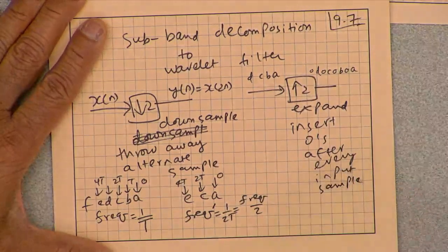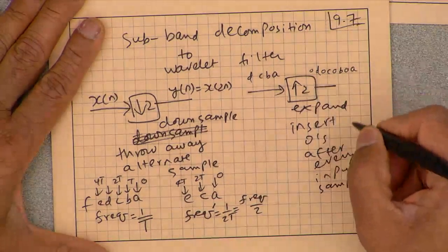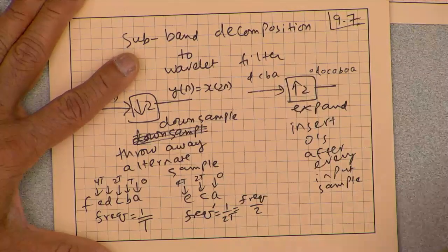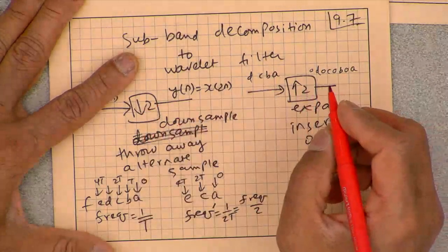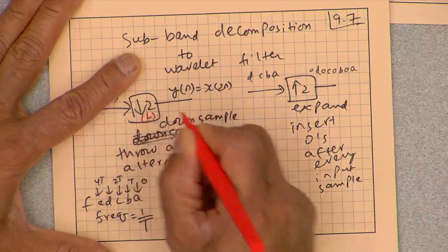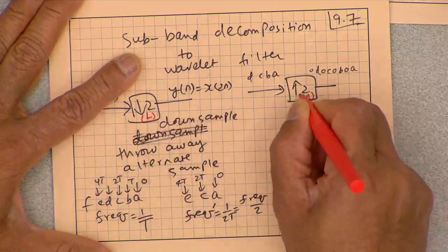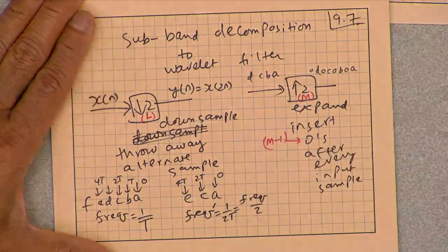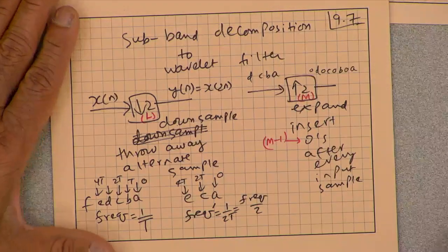If I want to expand by a factor of 10, then insert 9 zeros. Typically we use decimation by a factor L, and expansion by M, so insert M minus 1 zeros.